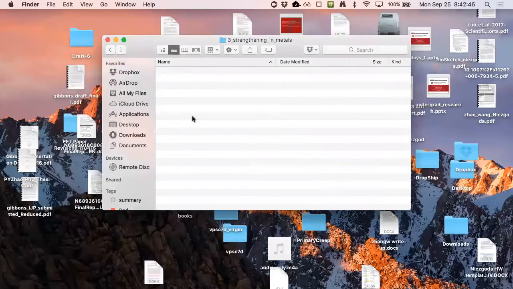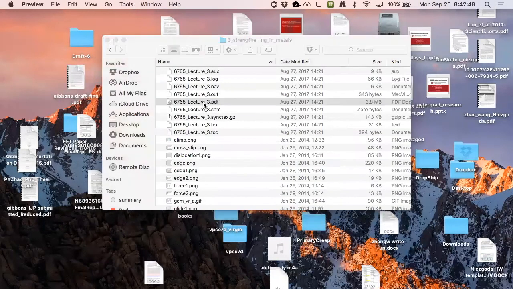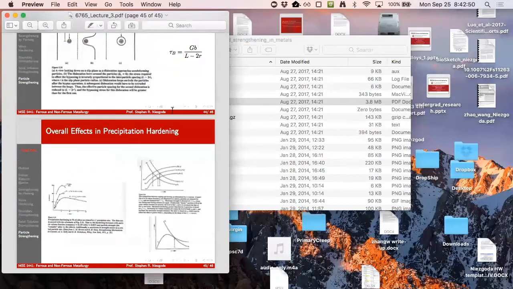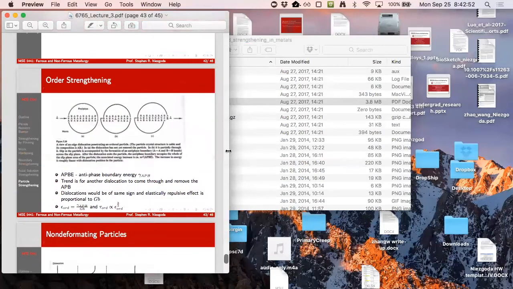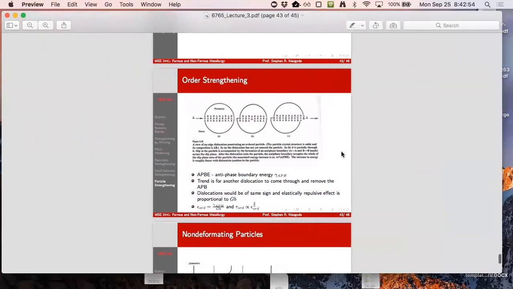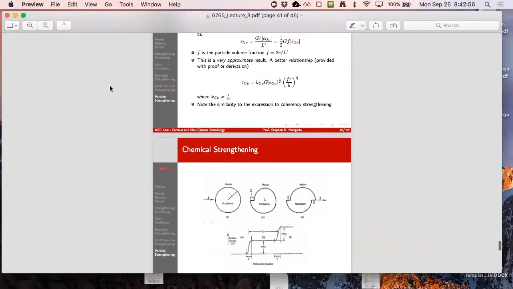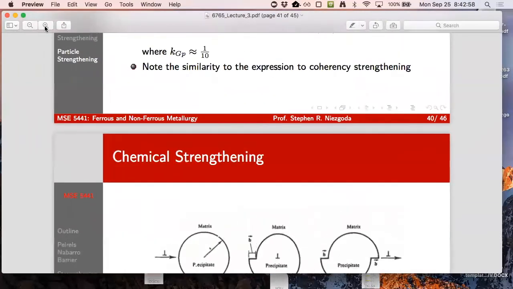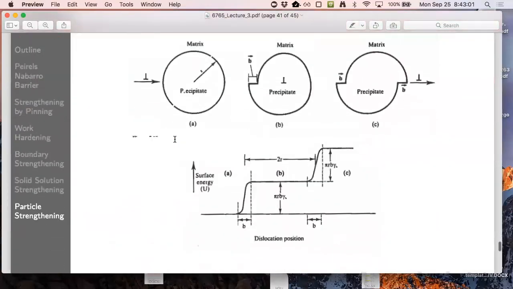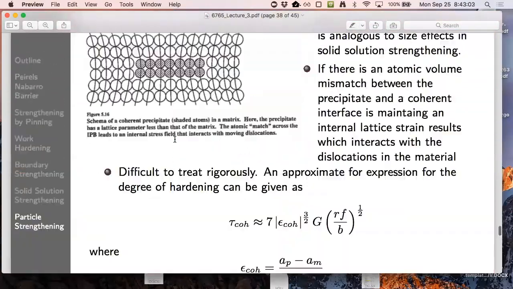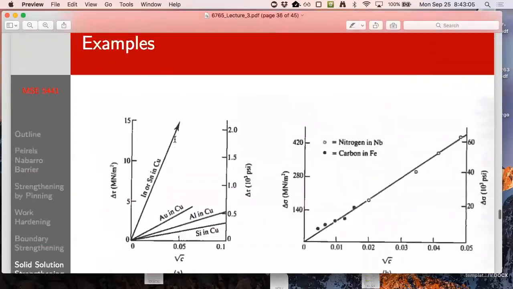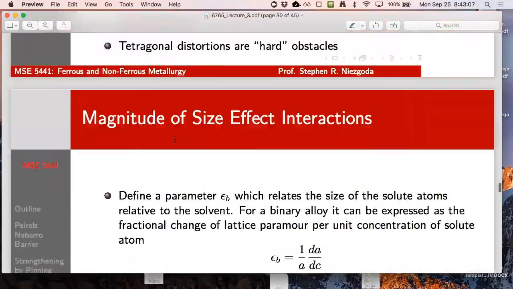That one is. And then in terms of strengthening, this is stuff that is just universally through there. I'd say that the key things that you really want to remember are the different mechanisms.